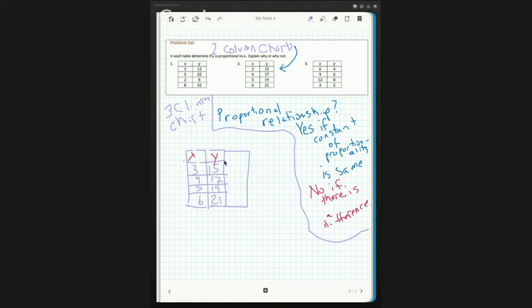But we're going to need to make a 3rd column. And this 3rd column is key. It's our constant, this is Y divided by X. This is our constant of proportionality, column 3.